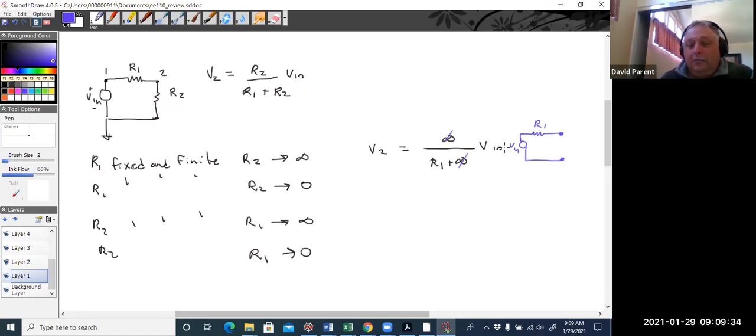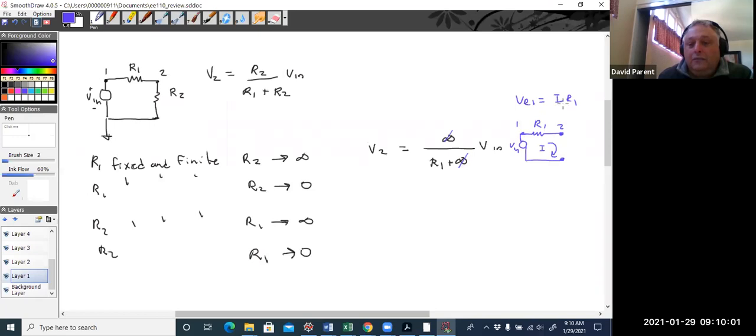That's a way to look at it. And now, if I had that loop current, you can't have a current because there's not a complete loop. So I is 0. So VR1 equals IR1, but there's no voltage drop here, right?